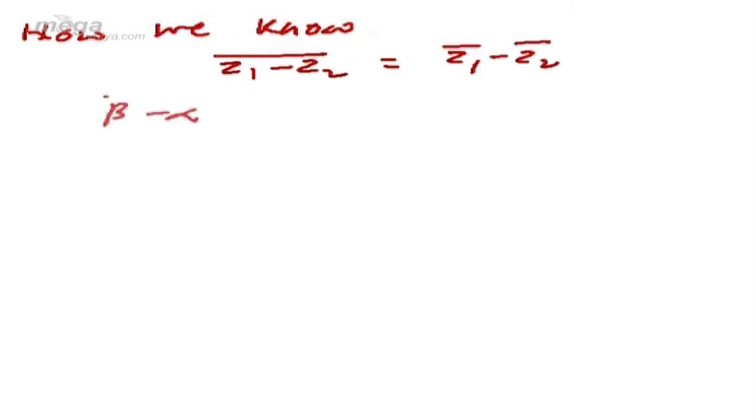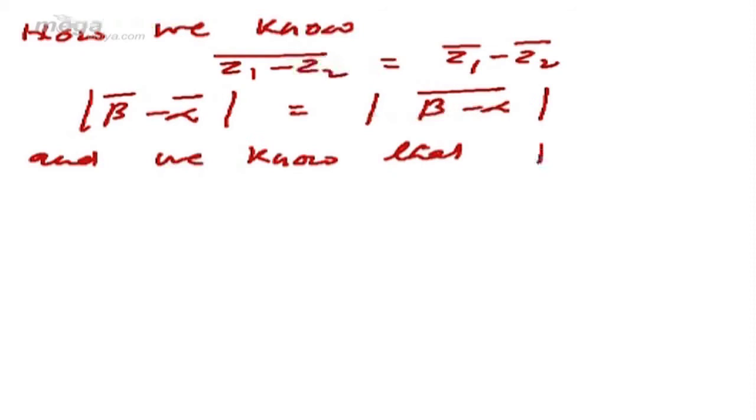Now we know from the properties of conjugate that z1 minus z2 whole bar can be written as z1 bar minus z2 bar. Beta bar minus alpha bar can be written as beta minus alpha whole bar, and we know that mod of z is equal to mod of z bar.